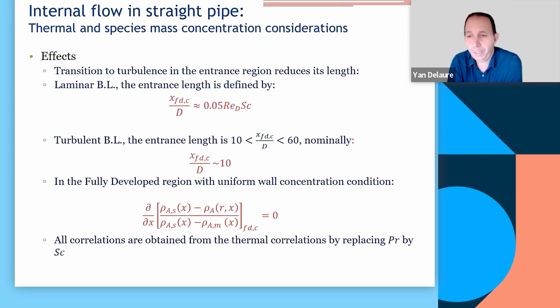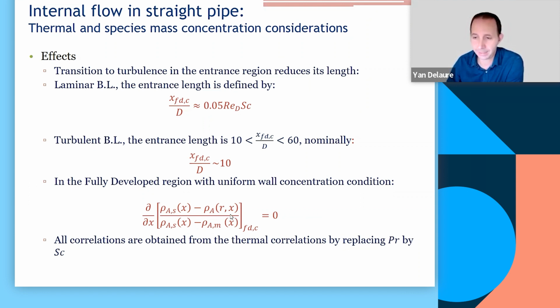The laminar boundary layer would have an entrance length, which is determined by the Reynolds number and the Schmidt number, instead of the Prandtl number for the thermal boundary layer. For the turbulent case, we use the usual value of 10 for the relative distance to the diameter. And for the fully developed region, we know we have this relationship that holds true throughout the fully developed region.